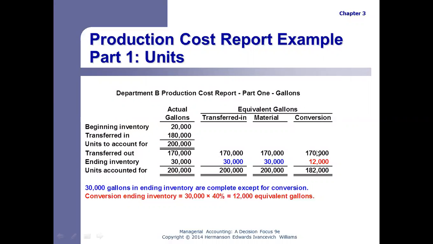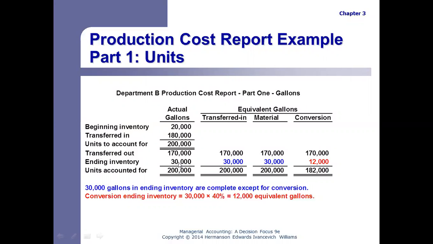So the equivalent units of conversion costs for the completed units is the same as the physical units. And that's always the case. So for transferred out, the physical units is going to be the same as the equivalent units, because in both cases, materials and conversion costs, those are both 100% complete.